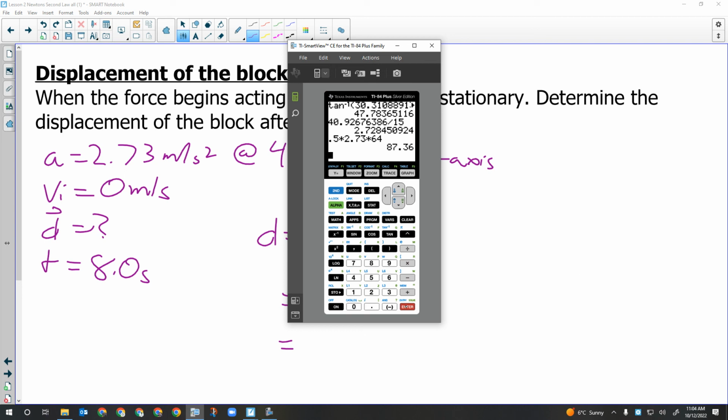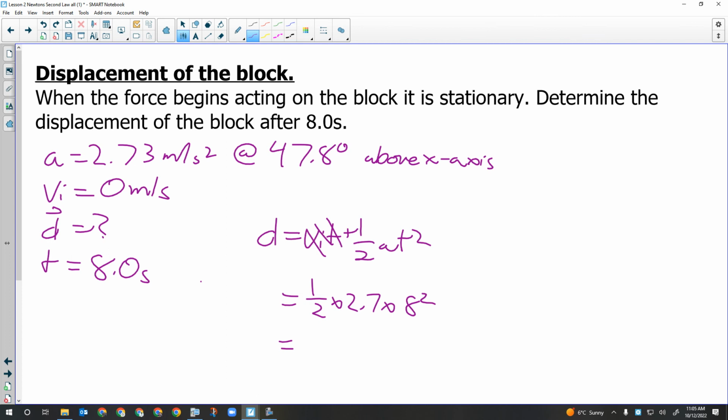So the displacement of this block is going to be 87.4 meters. No, sorry, we only have 2 significant digits. 87 meters at 47, actually it'd be 48. No, it wouldn't. It would be 47.8 because that calculation is not going to affect my vector.